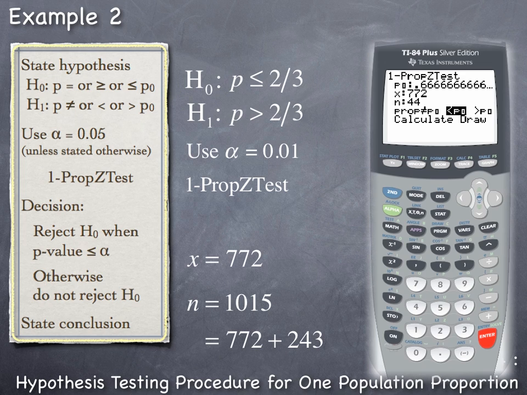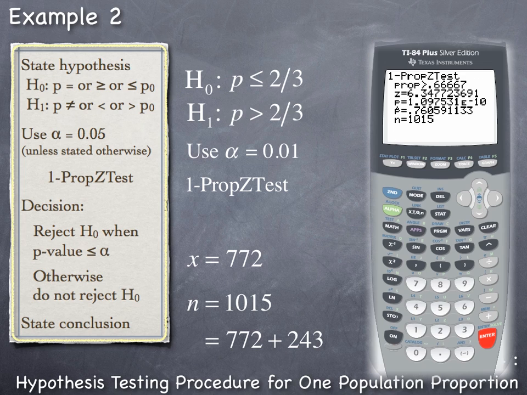N equaled the 1,015 total American voters who were sampled. Enter. And H1 includes the inequality of greater than. So we arrow the cursor over to the greater than symbol, and with it blinking on greater than, we press enter to select, and then down arrow to calculate. And with the cursor on calculate, we press enter to calculate results.